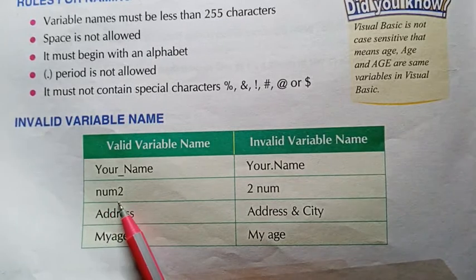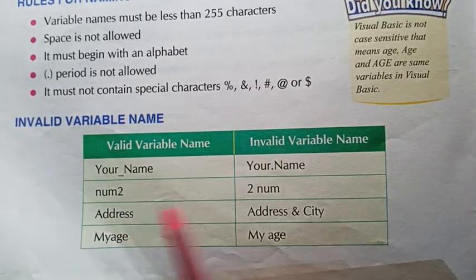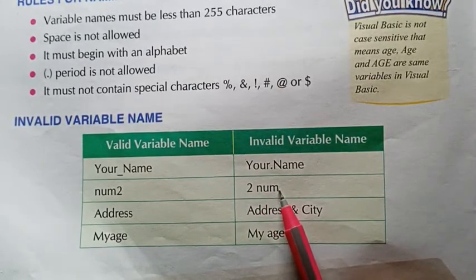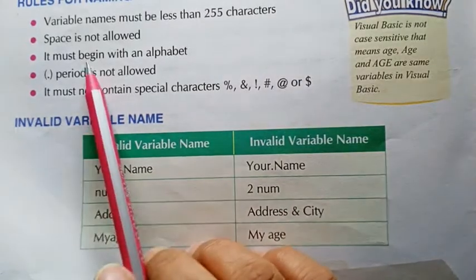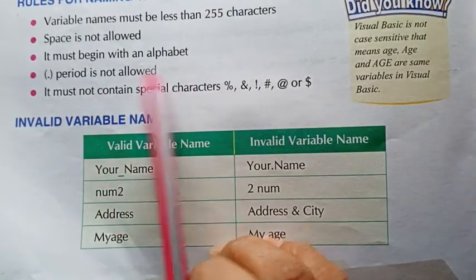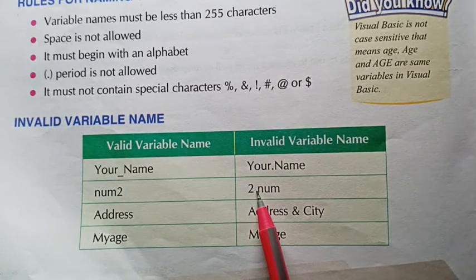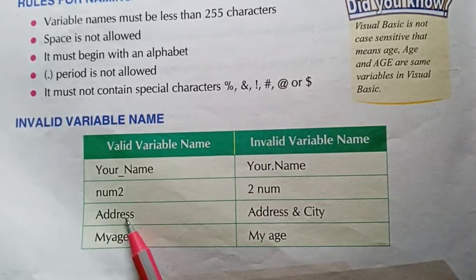If I write num2, it is a valid name. But if I write 2num, it's an invalid variable name. Why? Because we said that the variable name must begin with an alphabet, and here it is beginning with a number. Another example is address.